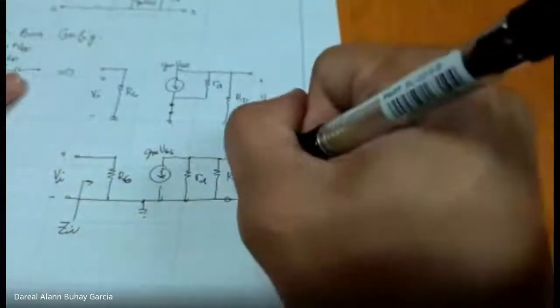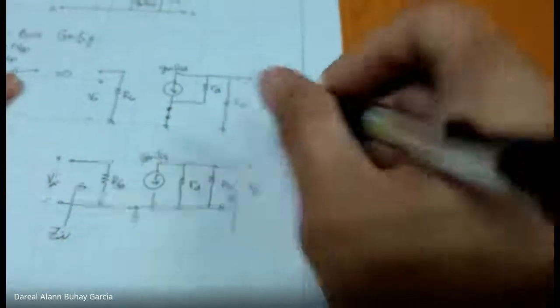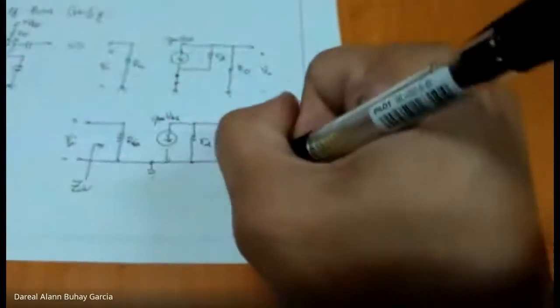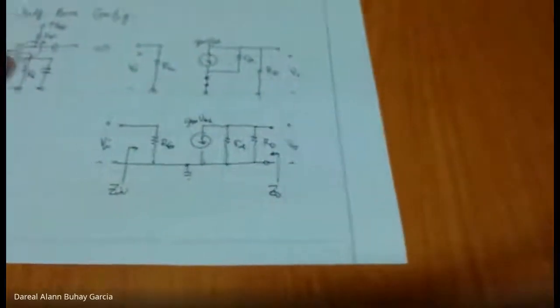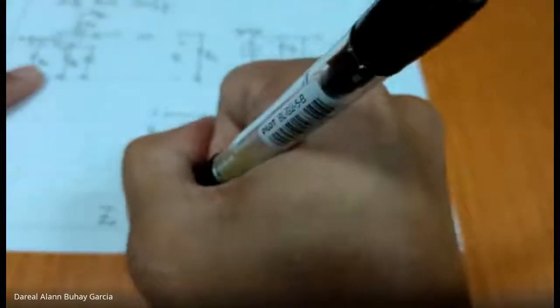So input impedance is clearly RG. Output impedance is RD parallel r, small rd. Okay. So ZI, our input impedance, is RG.